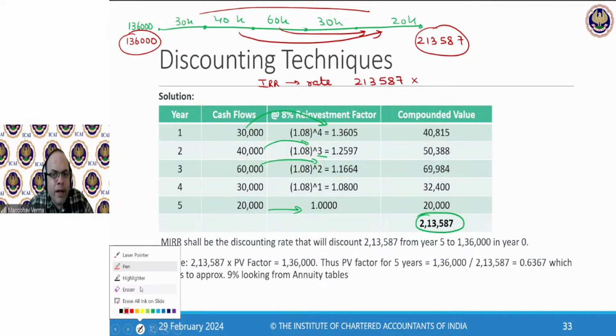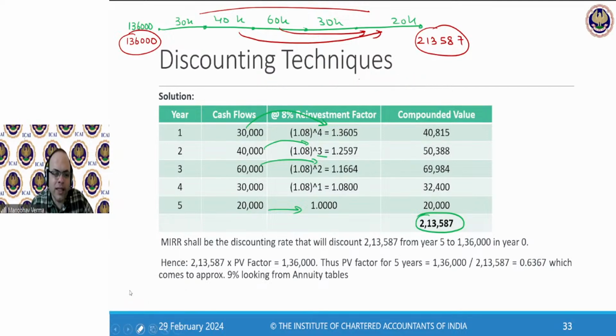If I am left with only two numbers here, 1,36,000 and 2,13,587, can I say, applying our same logic, that A is equal to P into 1 plus R to the power N, that is 2,13,587 is equal to 1,36,000 into 1 plus R to the power N? Can we say that? Is that what we're trying to say? What do you think? Any logic, guys? Are you clear on this?